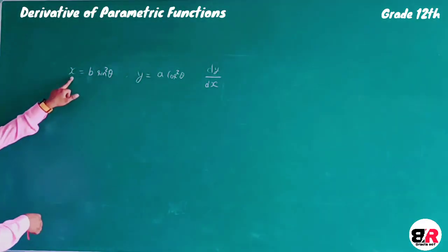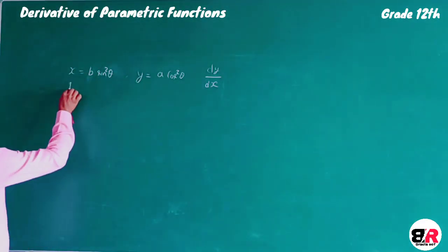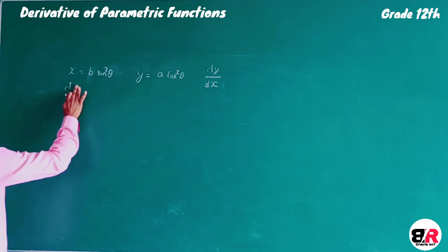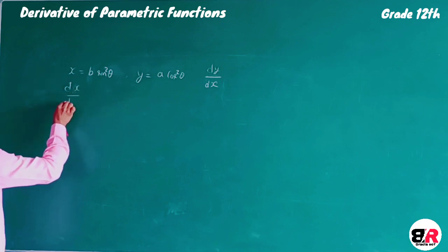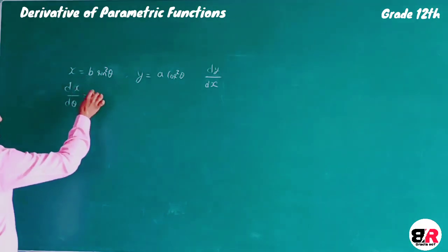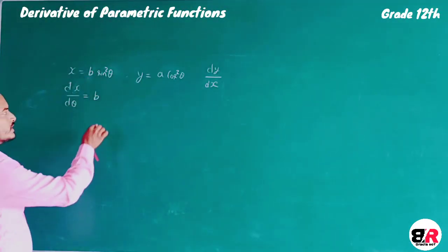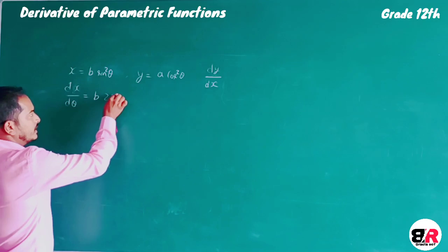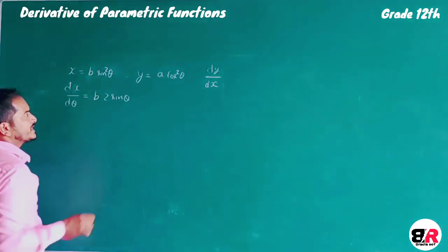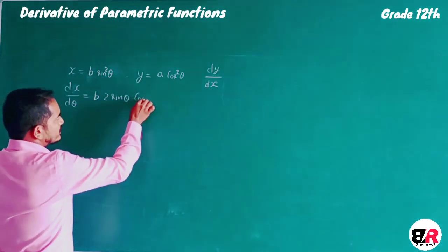Differentiate x with respect to theta, then dx by d theta is equal to b, b is constant, differentiation of sin square theta is 2 sin theta, again differentiate sin theta by chain rule, it will be cos theta.